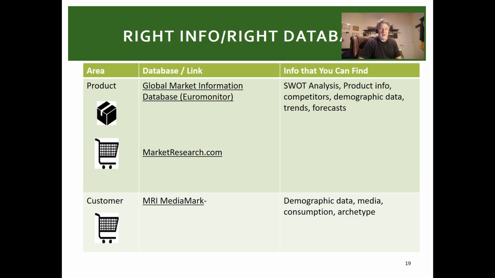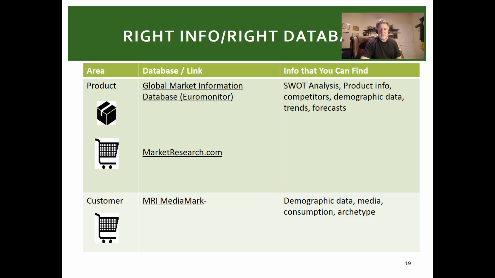Marketresearch.com, which is customer, but I'll be very honest, I've used it industry-wide, and I would say that marketresearch.com and Statista are some that you might want to use early on. And then from the customer level, you have MRI and MediaMark, which provide demographic data, media consumption, and archetypes.